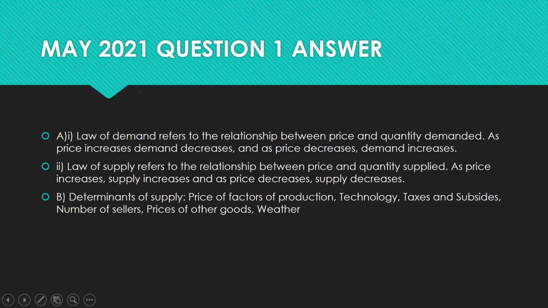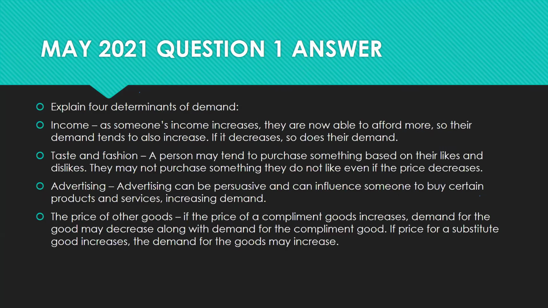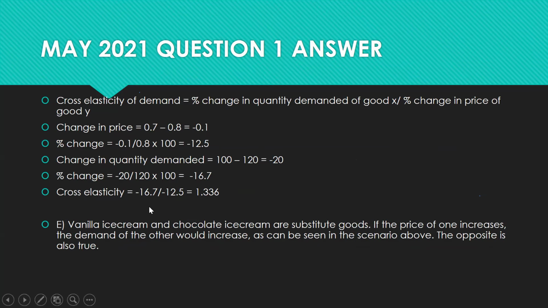Now we take the percentage change in demand, which was 16.7, divided by the percentage change in price, which was 12.5. And that's how we got the 1.336.